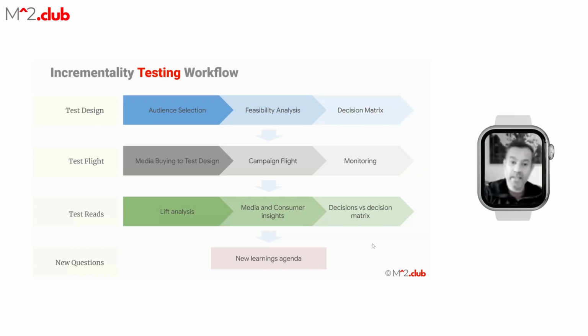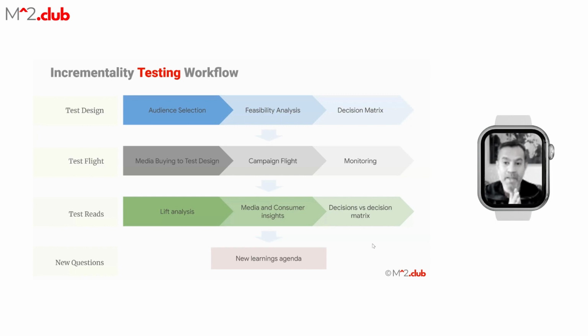I can never make this work in my portfolio. I'm looking for a target CPA of X, target ROAS of Y. No matter how much the lift is, even my most optimistic projection of lift does not allow me to keep this channel or this media in my portfolio. So I should probably cut the budgets on this, right? Now, that decision becomes obvious when you go through the matrix process, right?